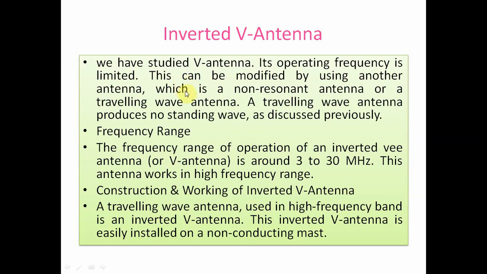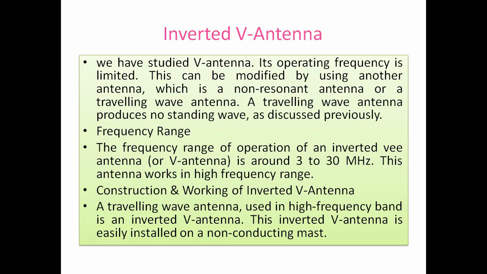Then the next type of antenna is called the inverted V antenna, which is the image of the actual V type of antenna. We have studied the V antenna, and its operating frequency is limited. Basically this is modified by using another antenna, which is a non-resonant type of antenna, also called a traveling wave antenna.